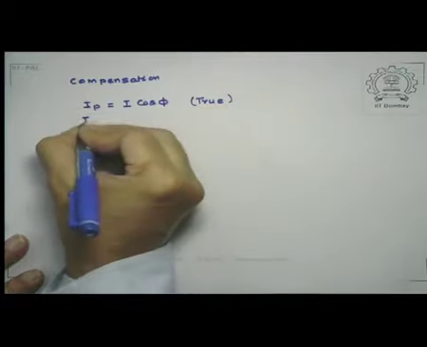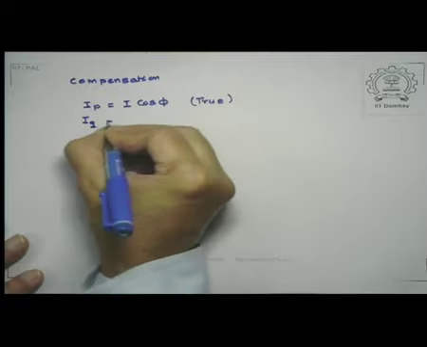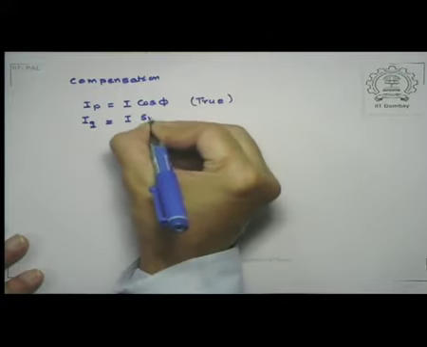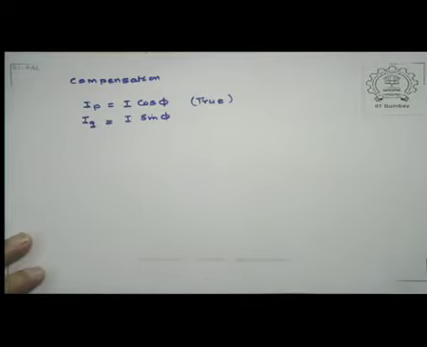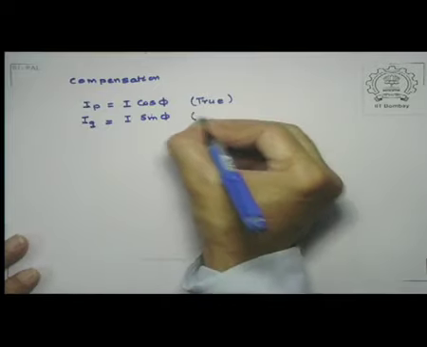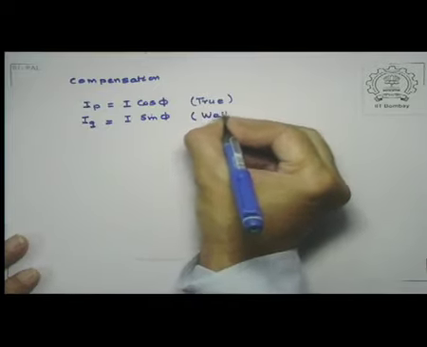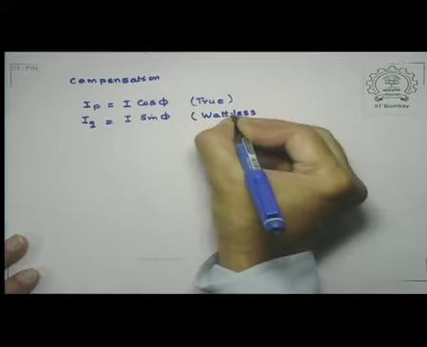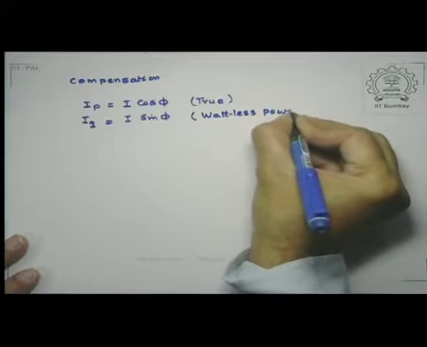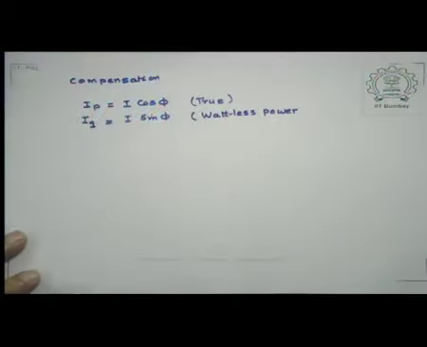Whereas let me call this IQ, which is the sin phi component, and this is the reactive power, which is also occasionally called the wattless power. The adjectives true and wattless here refer to the powers that these components correspond to and not to the currents themselves.